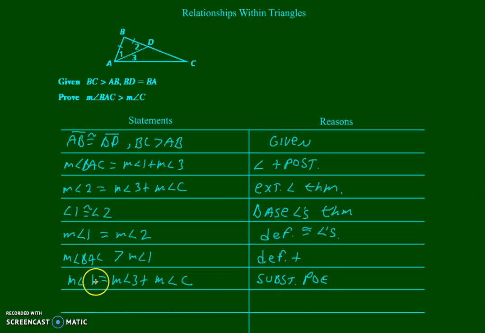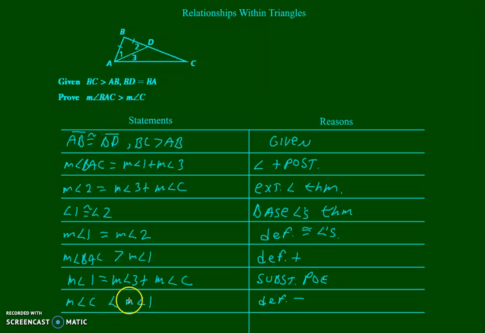And because you have to subtract something from angle 1 to get it to equal angle 3 or angle C, you know that the measure of angle C has to be less than the measure of angle 1. So this is the definition of subtraction.